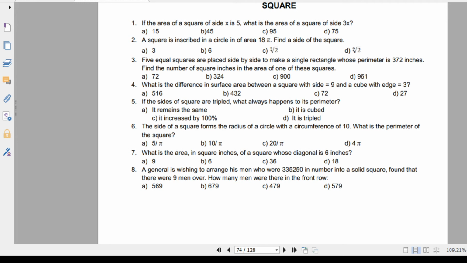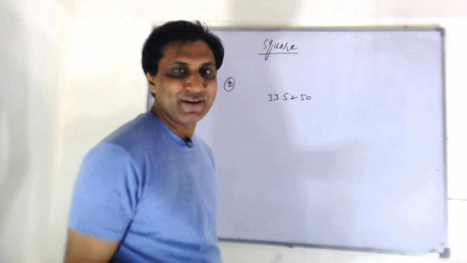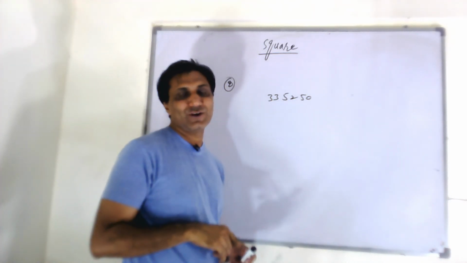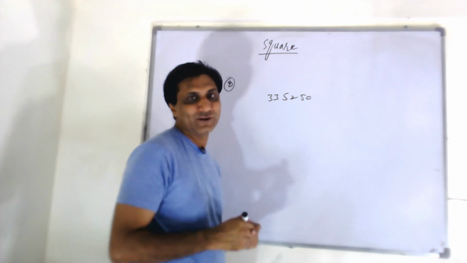Alright, question number 8 is the last question. A general is wishing to arrange his men, who were 335250 in number, into a solid square. He found that there were 9 men over. How many men were there in the front row? So there are a total of 335250 men, but when he arranges them in a solid square, there are 9 men over.